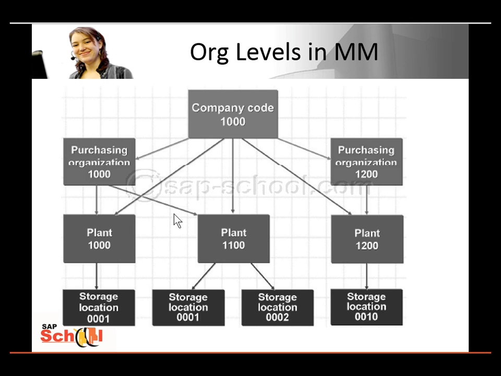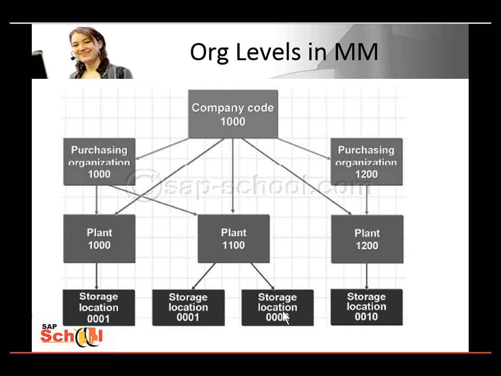The plant is an org unit within logistics that subdivides the enterprise for the purpose of production, procurement, maintenance, and material planning. In a plant, materials are produced and goods and services are made available. The plant is an operational unit or branch in a company. Plants in turn may be subdivided into one or more storage locations.